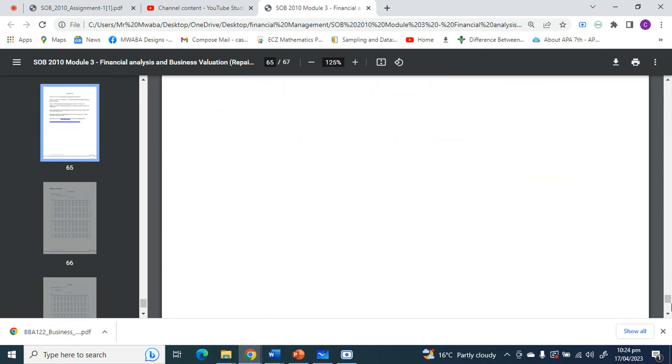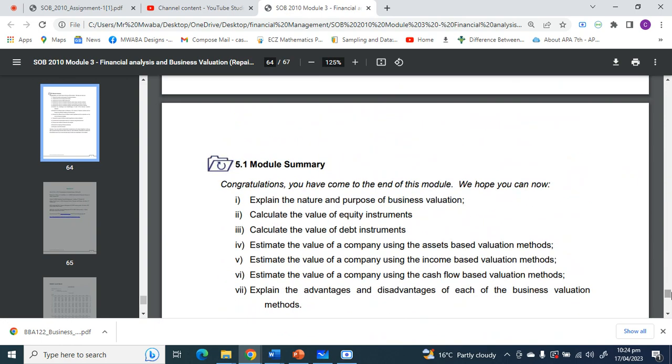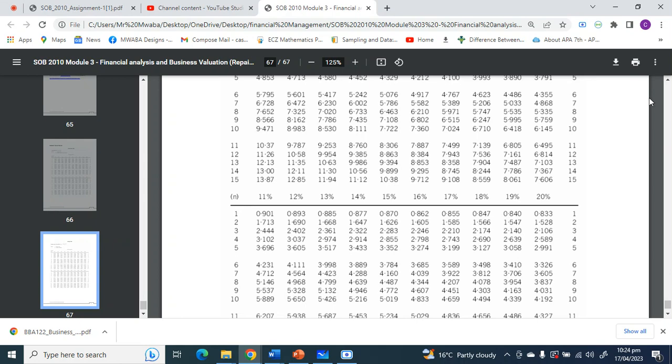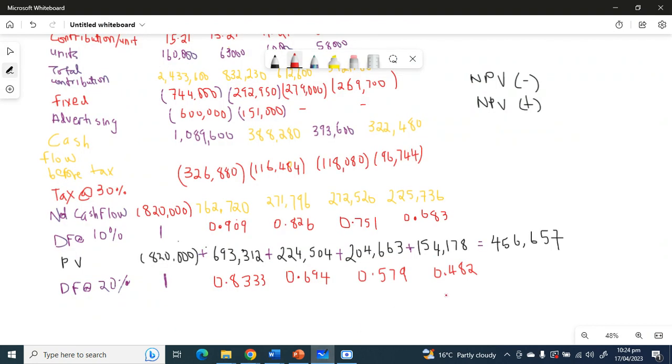So what do you do in case, let's say, you're doing this question and you find your rate is 23%, and on the table there's no 23%? What do we do, colleagues? Yes, use the formula.